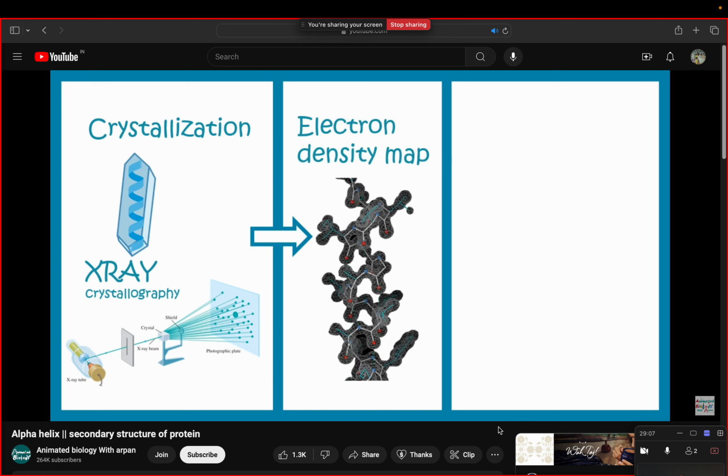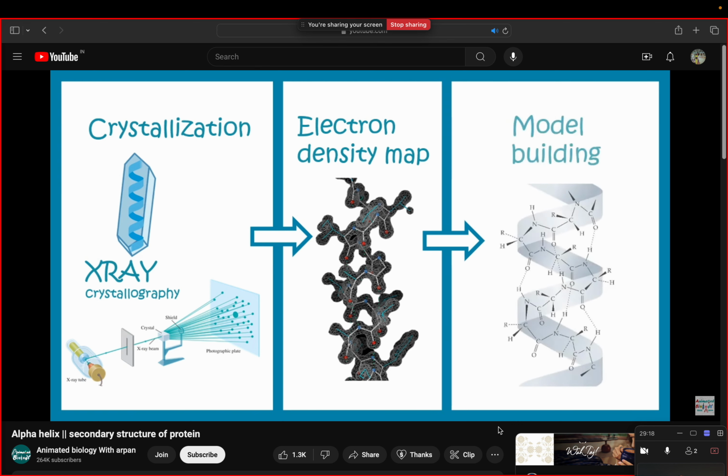After Fourier transformation, we get this electron density map. Once we get the electron density map, it's like the overall outline of a puzzle, and we have to fit our molecule of interest and start building a model of it. Ultimately that model might give rise to the protein structure or structure of any molecule. So this is the overall workflow of X-ray crystallography by which we can understand the protein structure.